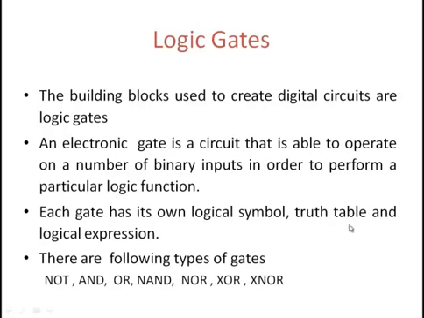The truth table indicates the output for different possible combinations of input, and the logical expression, or Boolean expression, designates the relationship between the input and the output variables. These are the gates that we are going to study in this lecture.